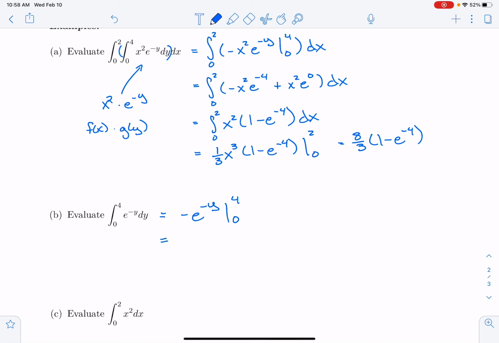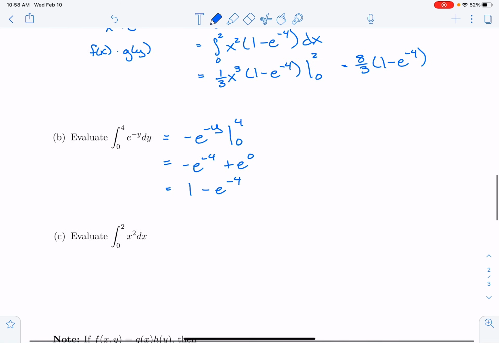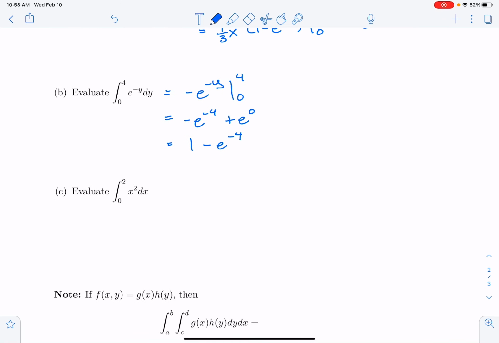So that's minus e to the minus 4 plus e to the 0, and that is 1 minus e to the minus 4. And then I can integrate x squared dx, and I'll notice that that is 1/3 x cubed, evaluated between 0 and 2. And then that gives me an 8/3 when I substitute in the 2, and then a 0 when I substitute in 0. So it just becomes 8/3.